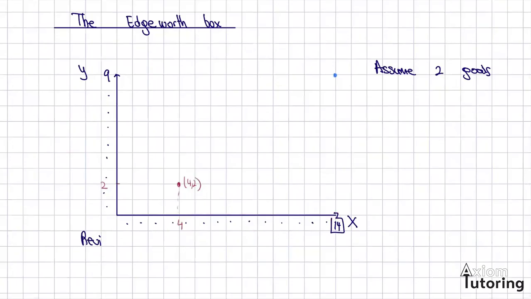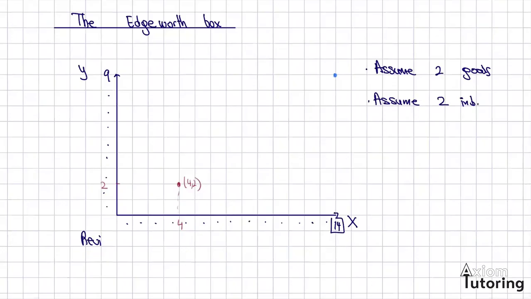Generally, economies will have more than two individuals, but we are going to make a simplifying assumption and assume two individuals. So we're going to assume that the whole economy is comprised of just these two individuals.